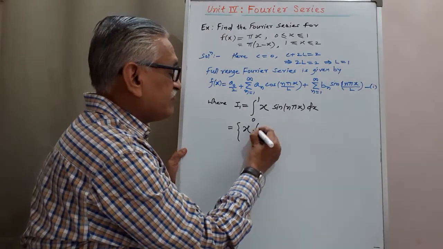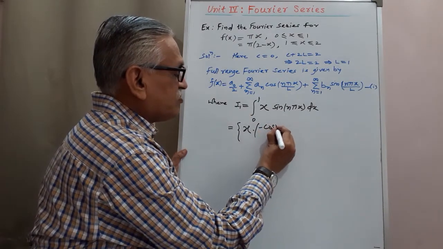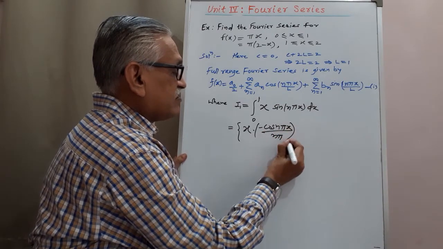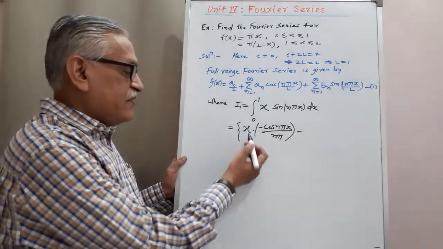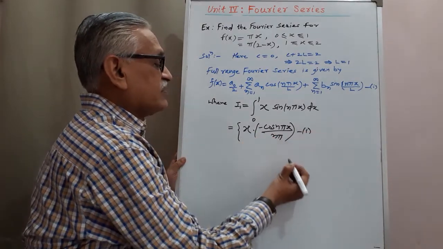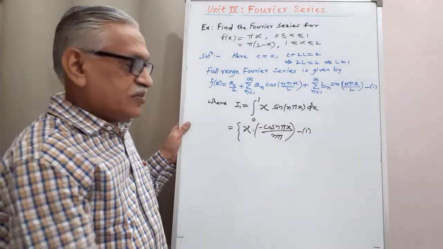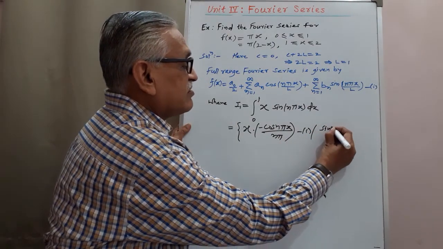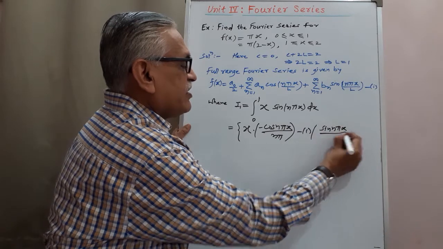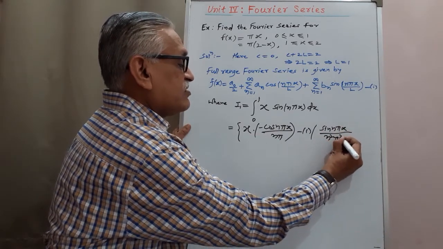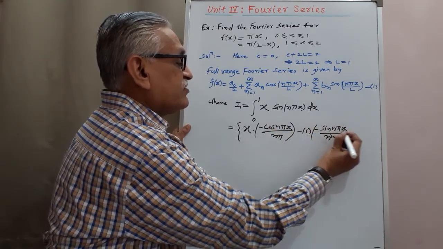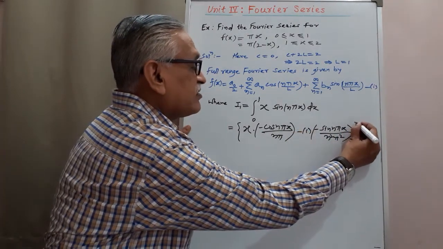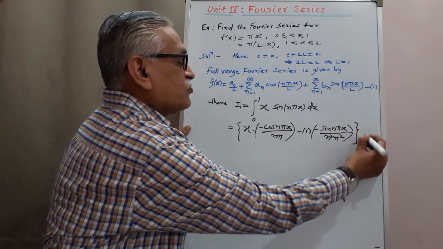Integration of sine is minus cos n pi x by n pi, then minus derivative of x with respect to x, 1, integration of cos is sine n pi x by n square pi square, with this minus sign as it is. Next derivative 0, we stop here and limit from 0 to 1.